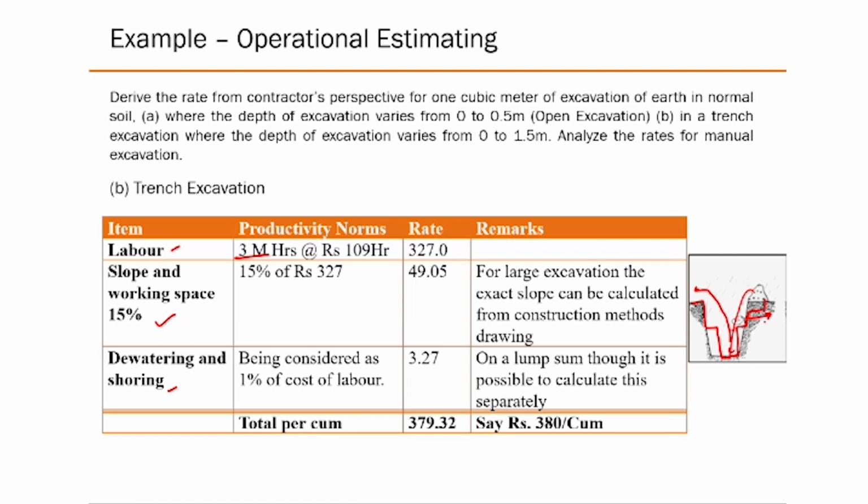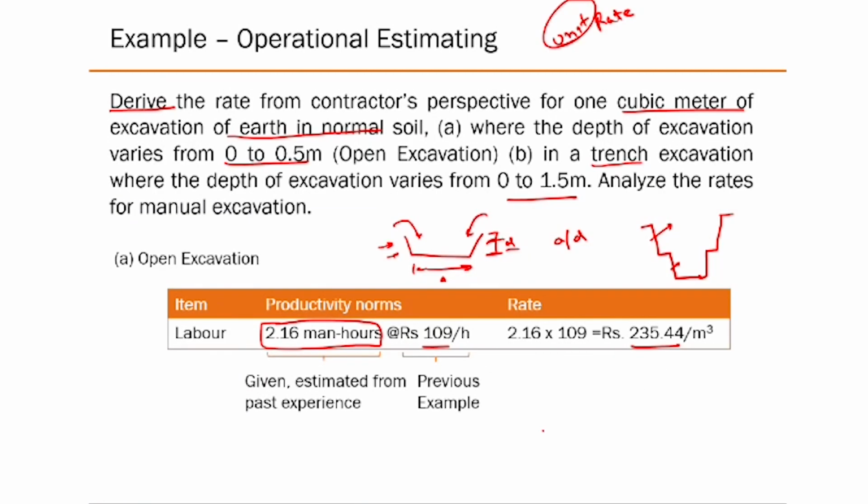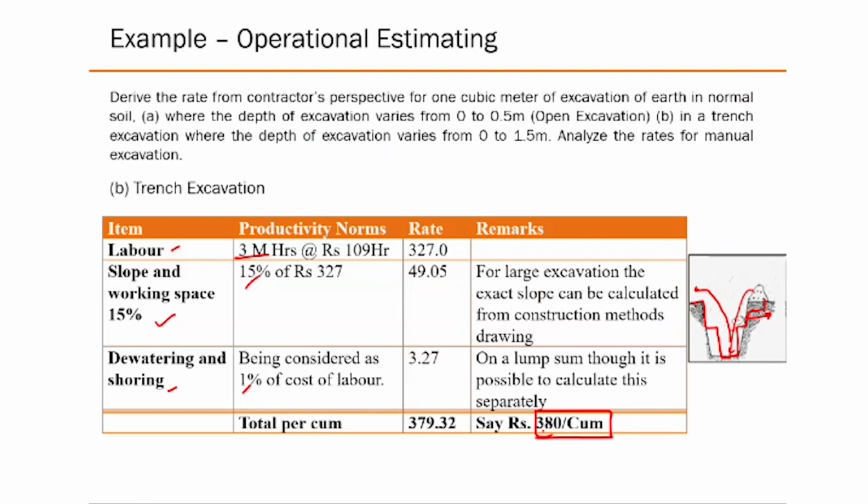So there is some cost associated with that also. Right? Again, we are assuming that all these values are given to you here. That's where the real challenge is, but I'm just giving you some idea around that. So you will see on an average your trench excavation is, compared to 240 here, about 380 per cubic meter. Right?